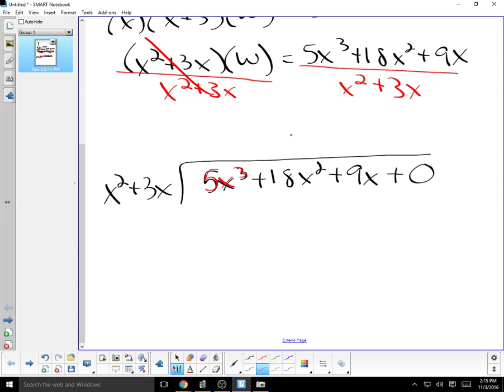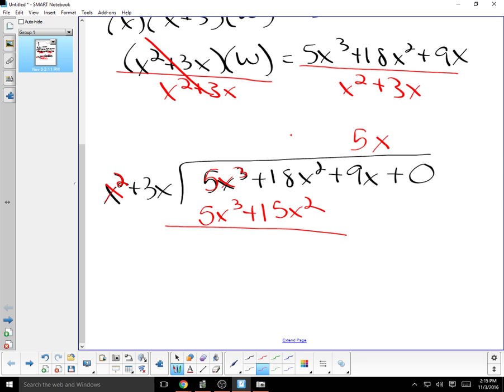5x to the third divided by x squared. What's that going to produce? 5x. Nice job. So I write my 5x here. And then I multiply. 5x times x squared is 5x to the third. 5x times 3x is a positive 15x squared.